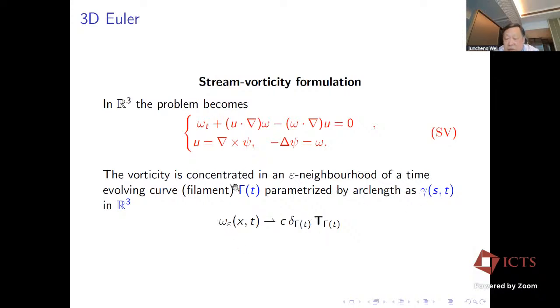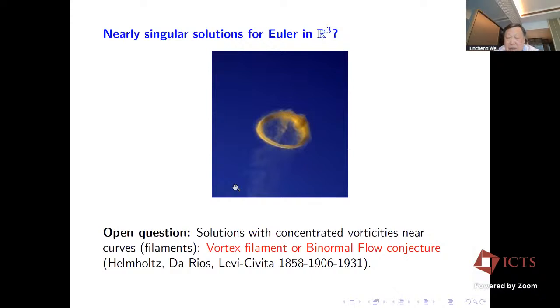So this is called the vortex filament conjecture: can we construct a solution to the 3D Euler which concentrates on a curve, not on points? This is like a smoke ring, and this is called the vortex filament or binormal flow conjecture.